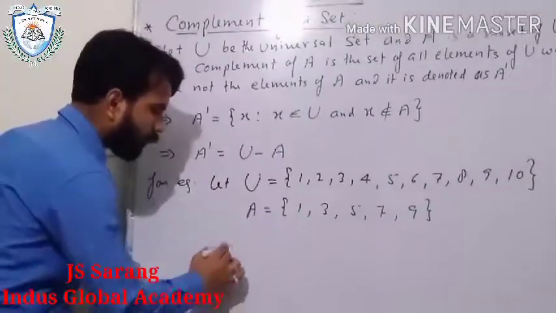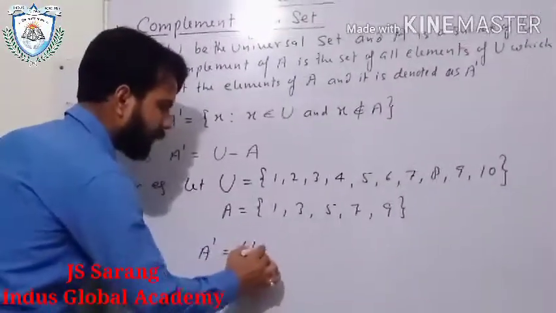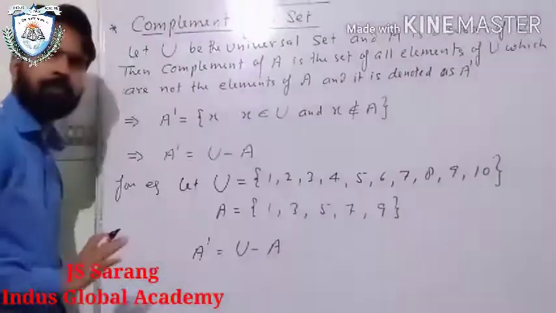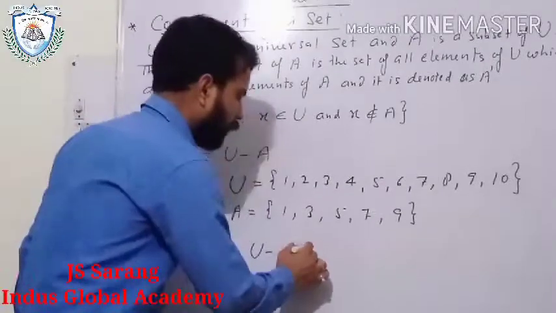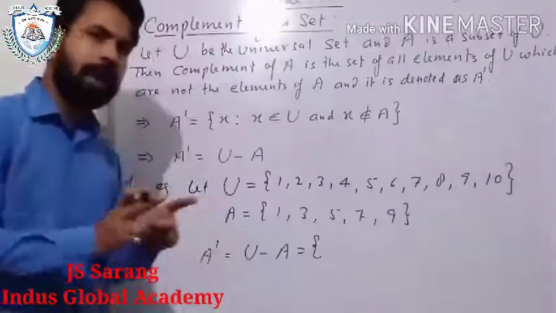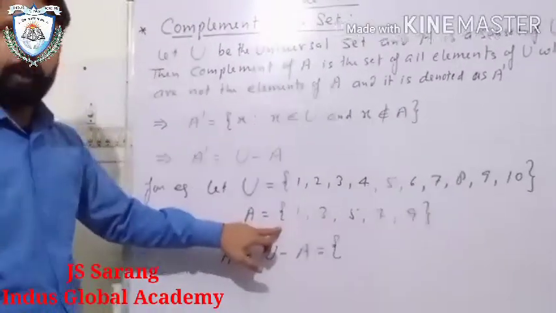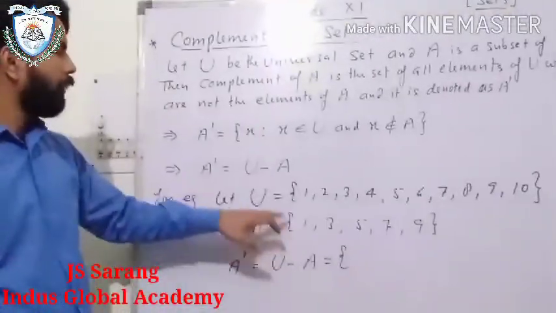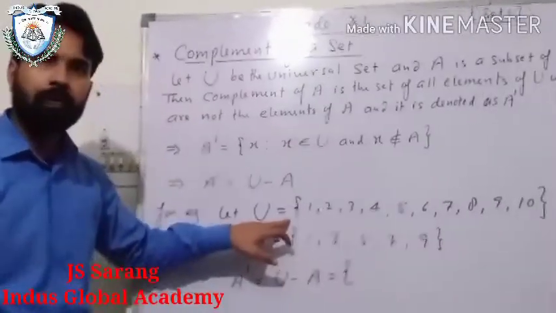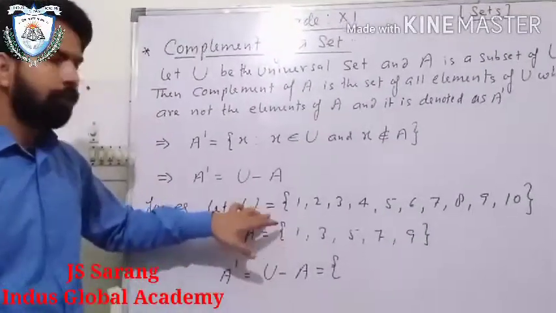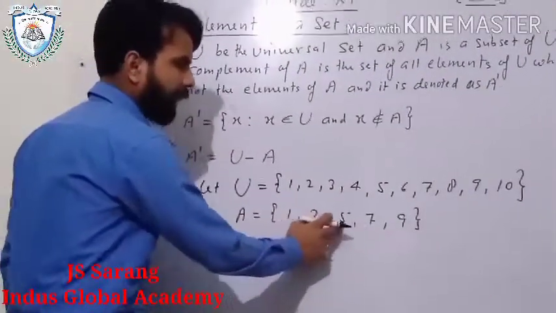So beta, the complement of A is denoted as A dash, and we can find it by U minus A. So we have to find the difference of U and A. What do we have to do? We have to write all the elements of U which are not elements of A. Or we can say that we will remove the elements of A from U. So what are the elements of A? 1, 3, 5, 7 and 9.